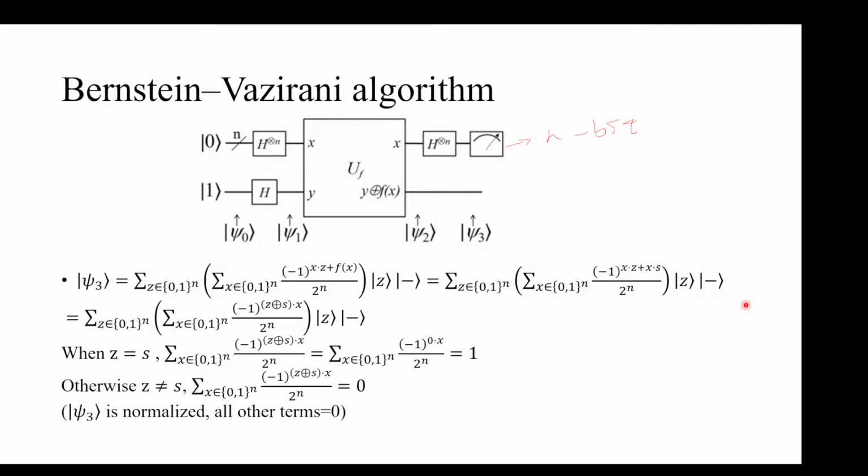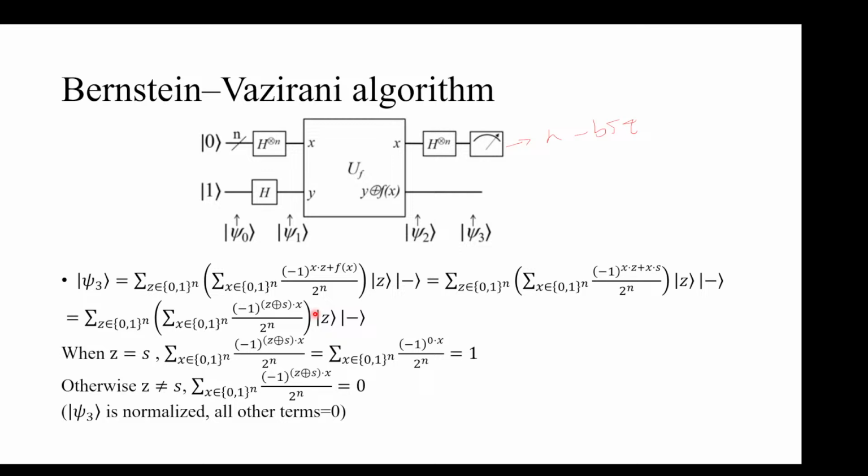We just look at the exponent part here. We have x inner product with z plus x inner product with s. And we know inner product is linear, so you have a distributive law on inner product. You can group together z and s, so you have z plus s inner product with x.